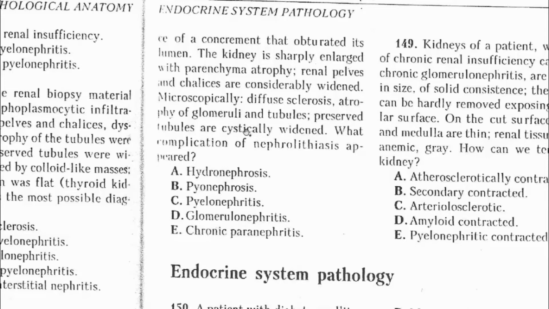Preserved tubules are cystically widened. What complication? We are talking about what? Hydronephrosis. Now, hydronephrosis is a term that is used for dilation of the renal pelvis and the calyx due to the partial or intermittent obstruction of the outflow of urine. Therefore, this liquid accumulates. So, hydro, then of course, nephrosis.